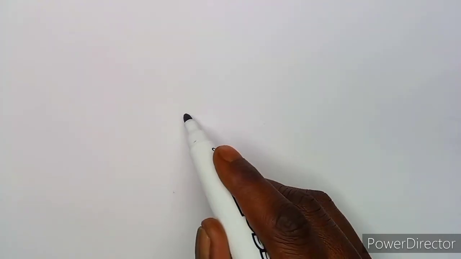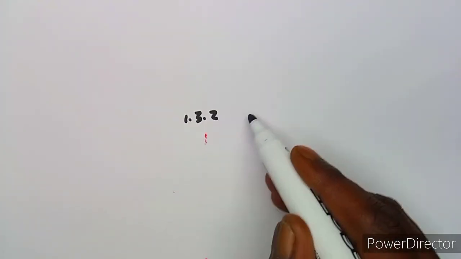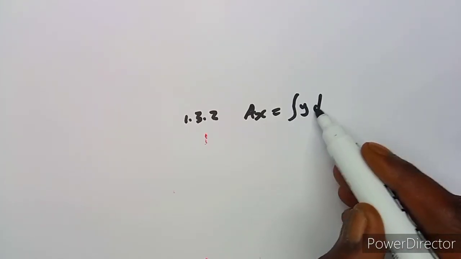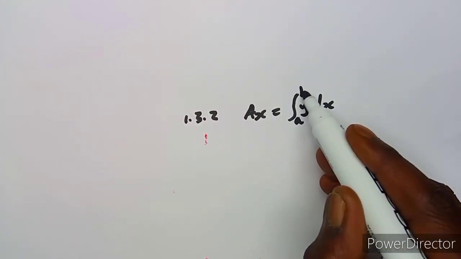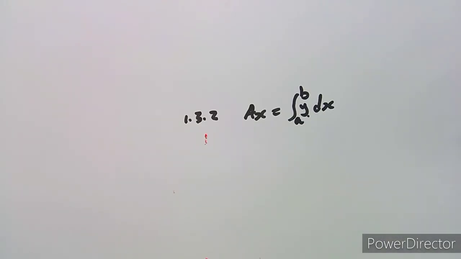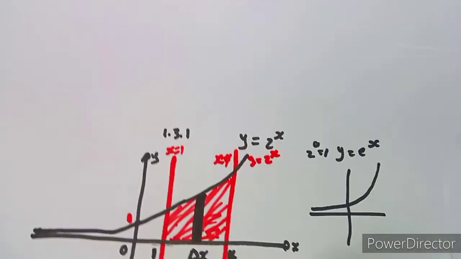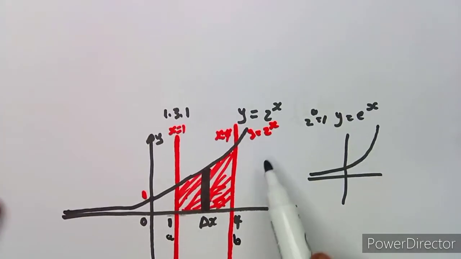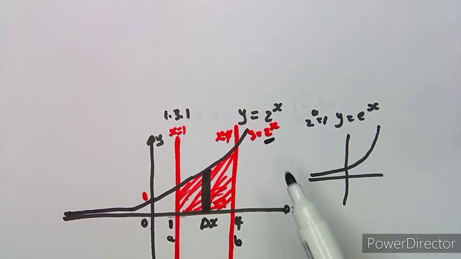That is the first application that you are supposed to know, guys, in mathematics, that area is equal to the integral of y with respect to x with the limits a and b, where this y is the bounded part of the graph here, and a and b are the limits. So this is your a and this is your b, and our y is this one, which is 2 to the exponent of x.